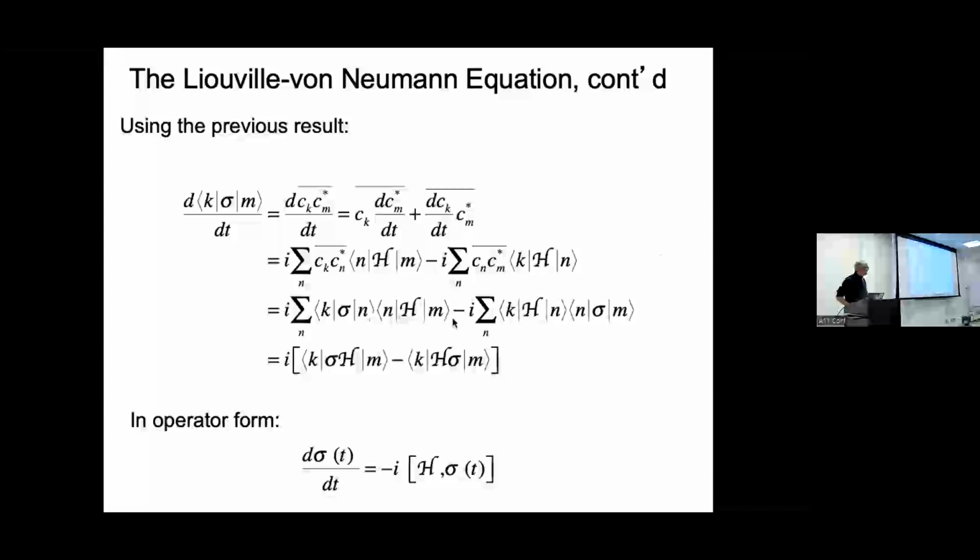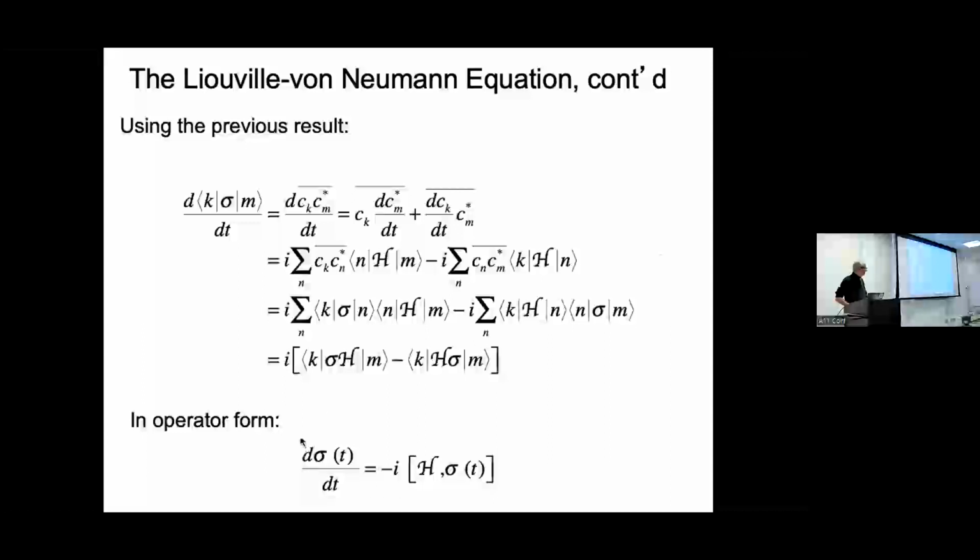And once I insert that identity operator, I can then do the sums over n, and this collapses all of this to the product sigma times h, and then calculating the matrix element, and on this side, h operating on sigma, again, the matrix element. And I can write this sigma h minus h sigma, is called a commutator in quantum mechanics, and is given this symbol, h comma sigma.